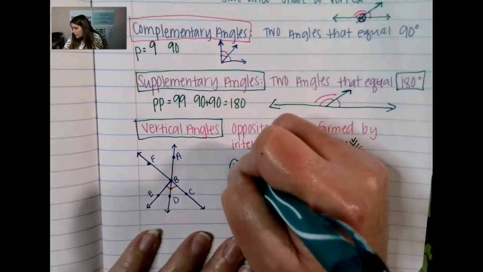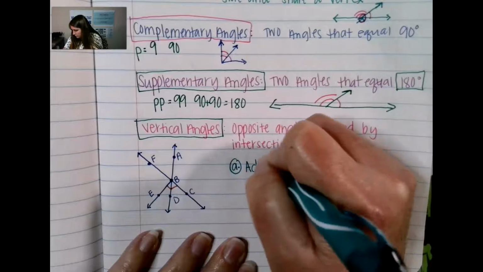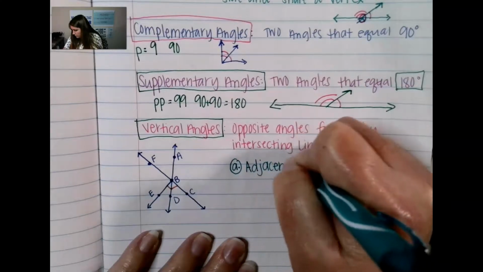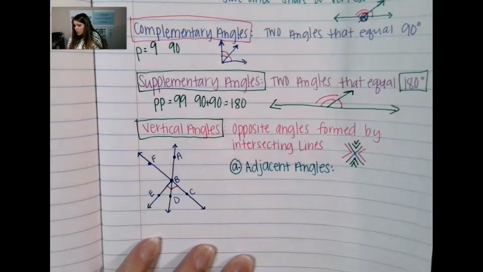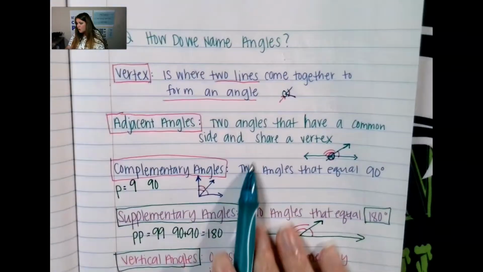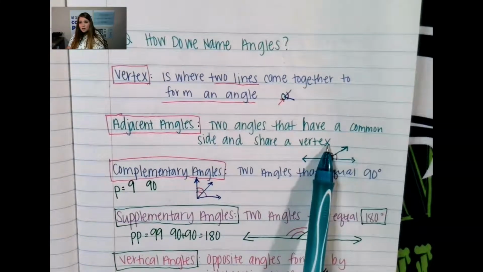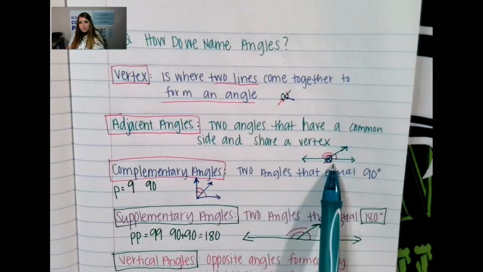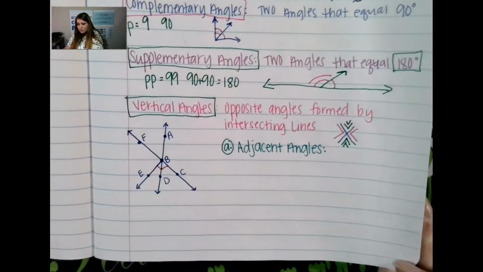So it says to name the adjacent angles. Adjacent angles are two angles that have a common side and share a vertex. So we're looking for something that shares a common side and has a vertex.